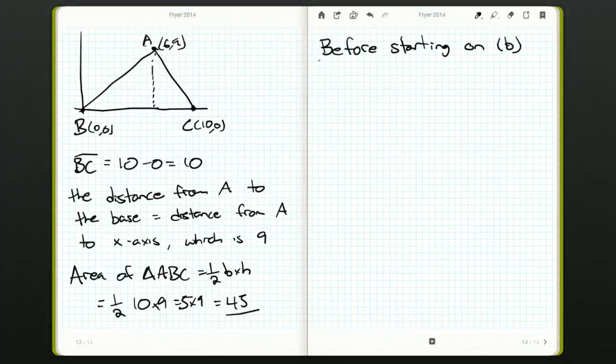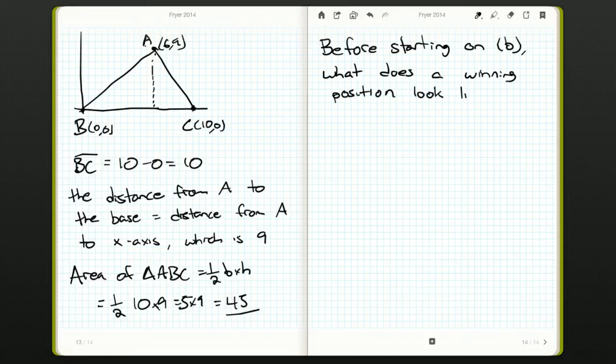So before we start in on B, let's ask, what does it look like when we win? What move do we need to do to get there? What position does A need to be in order to win? Is there just one? Are there many?